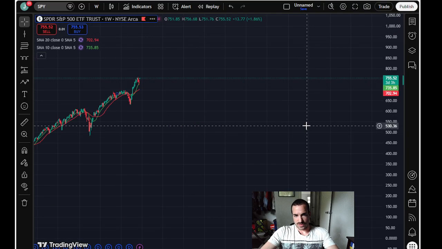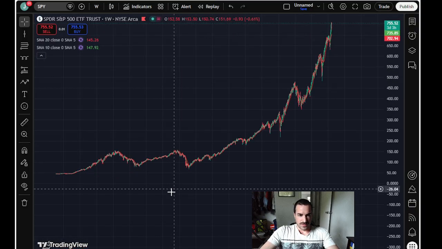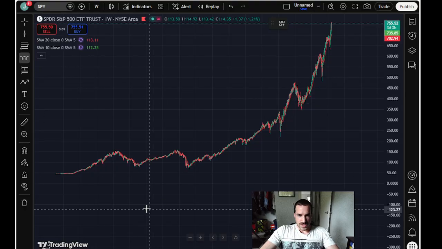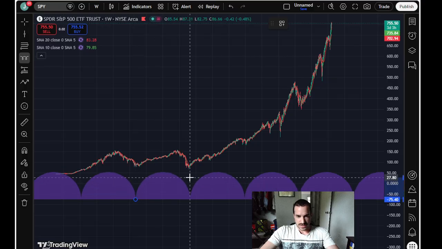Let's see if there's a correlation here. So, I mean, this is the weekly time frame. Obviously, the big one right here is the crash in 2000 and the crash in 09.